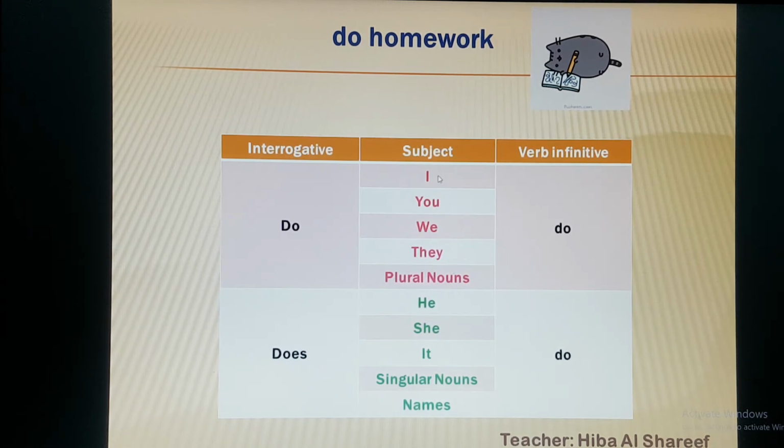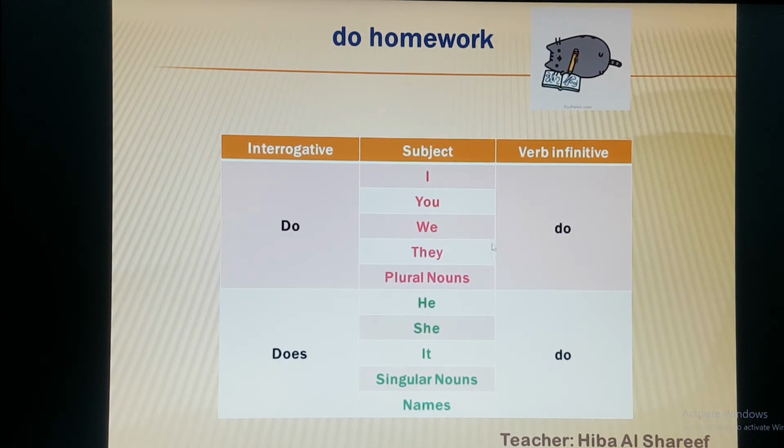If the subject is I, you, we, they, plural nouns, we use do at the beginning of the question. Okay, then we have verb infinitive. Here we have the example, do homework. Do you do your homework? Do they do their homework?